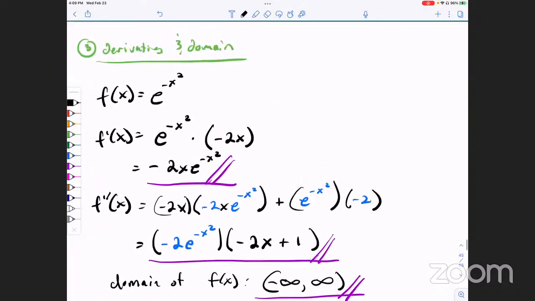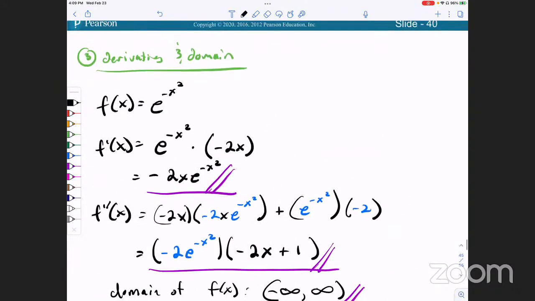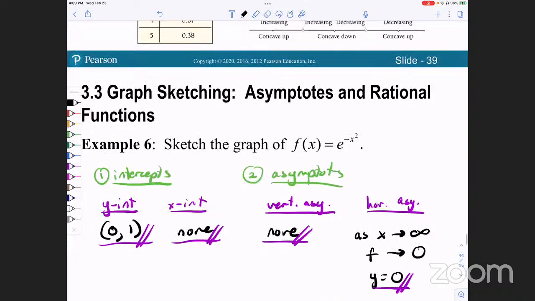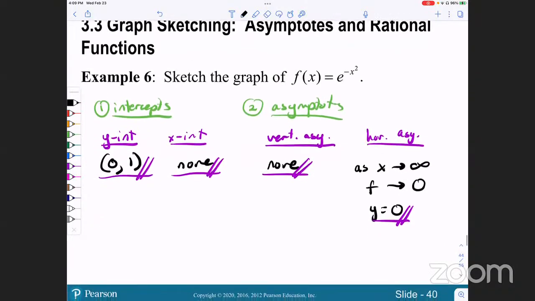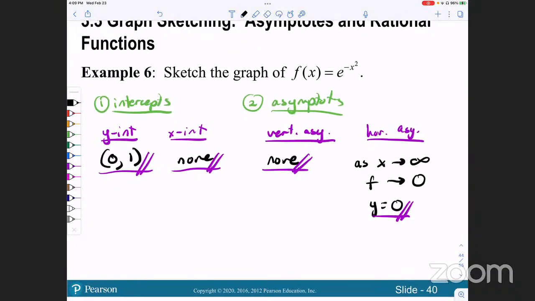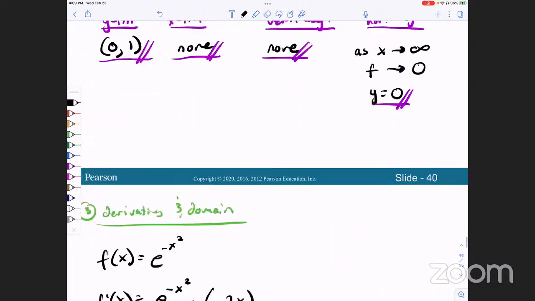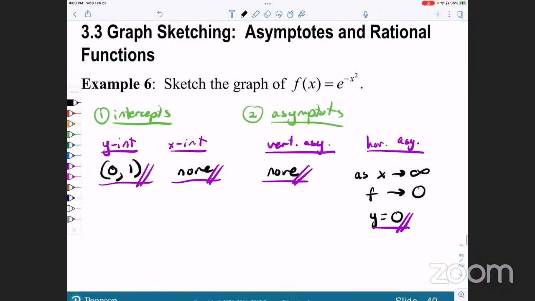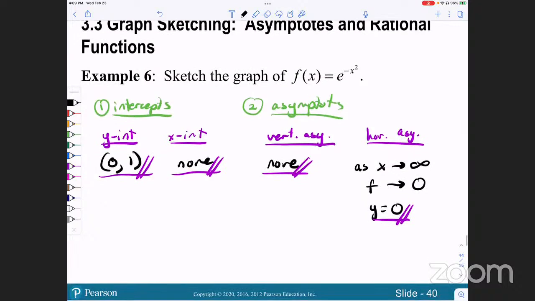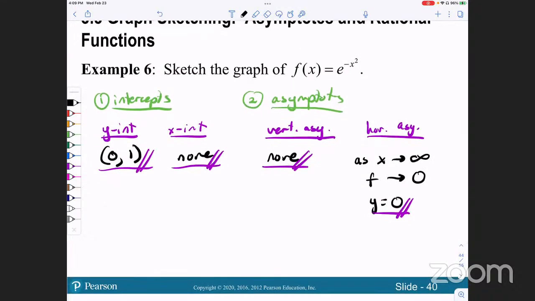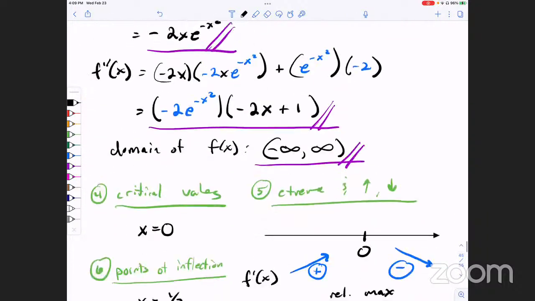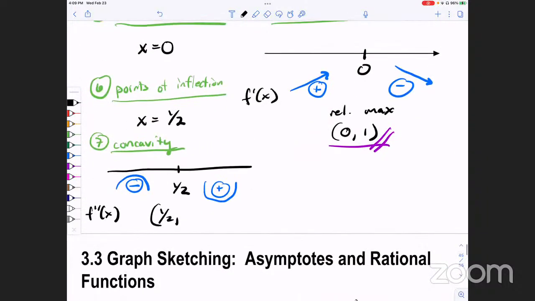The corresponding y from the original, oh shoot, did I go back too far? No. I feel like I made some mistakes. Let me see, when x is 1/2, we get e to the negative 1/4.